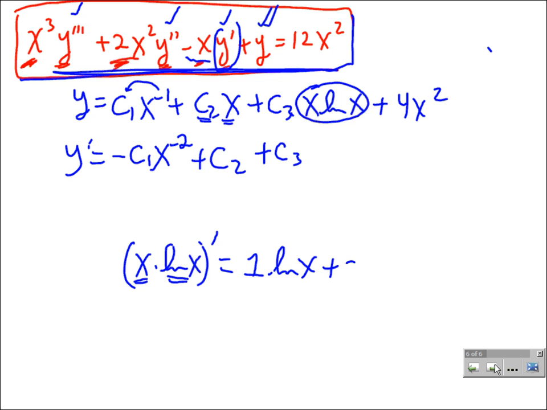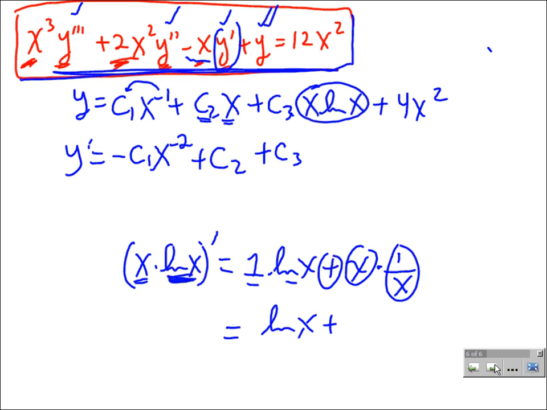Then I reverse it. That is, I keep the first function the way it is, and I take the derivative of the second function. The derivative of ln of x is 1 over x. 1 times ln of x, plus a number times its reciprocal is 1. That is, I get ln x plus 1.